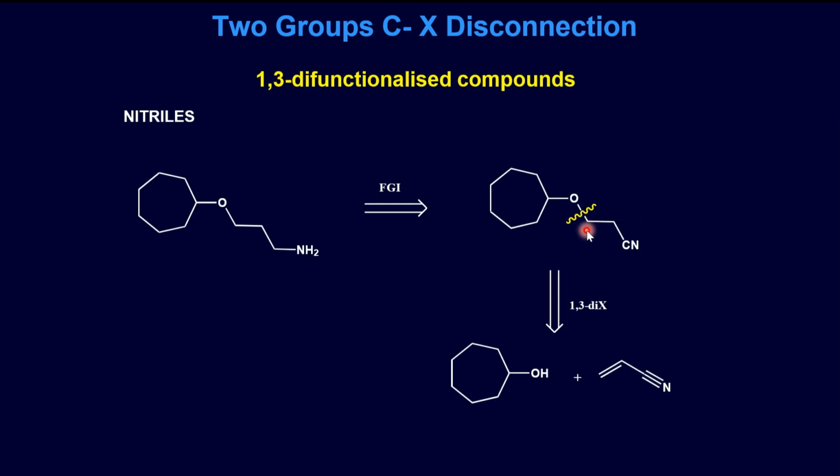This is the positive center, and I add unsaturation over here. I get an alpha beta unsaturated nitrile. The OH minus attacks this and the pi electrons move over here. Michael addition takes place. Here also I use the same strategy of Michael addition to synthesize these kinds of molecules.